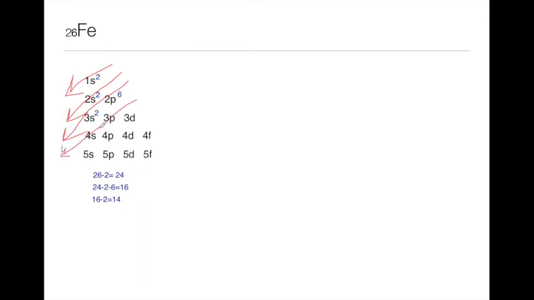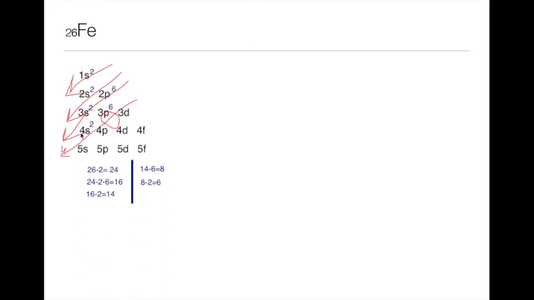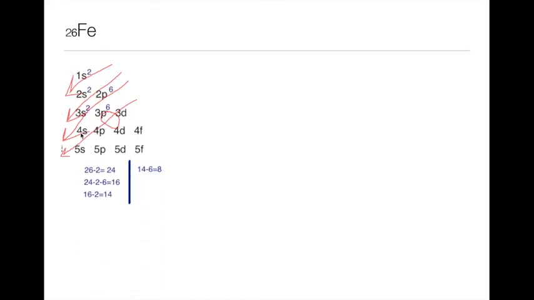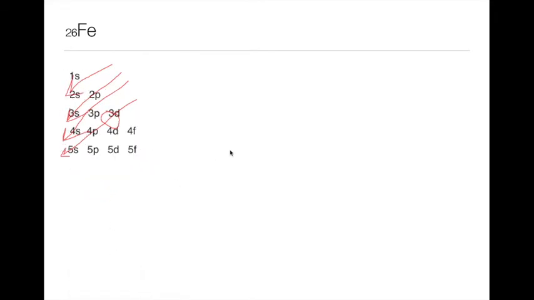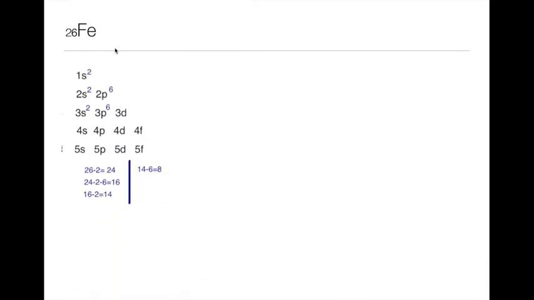So then I'm going to put in the 3p, how much can it take? 6 in the 3p, and then after the 3p, what goes? The 4s. I'm putting 6 in the 3p, therefore I now have 8 electrons left. After the 3p, the 4s, I fill the 4s.